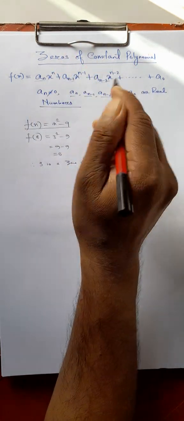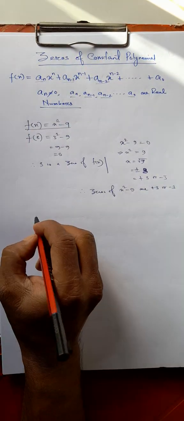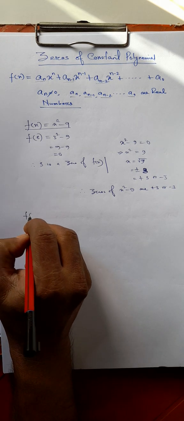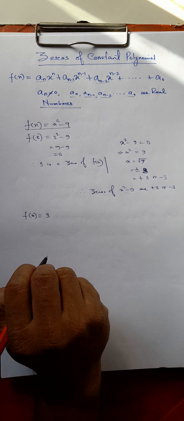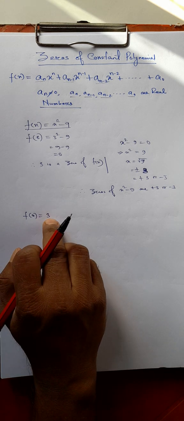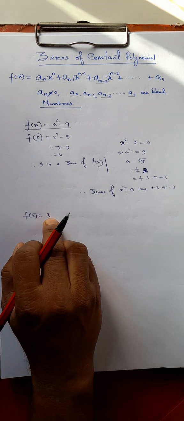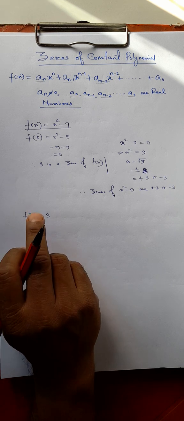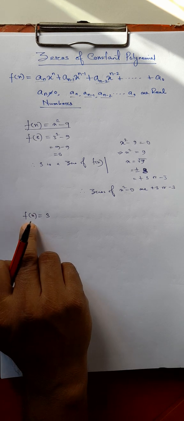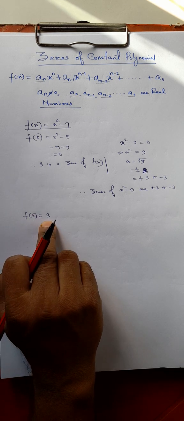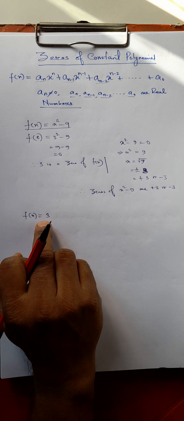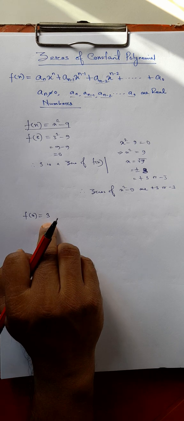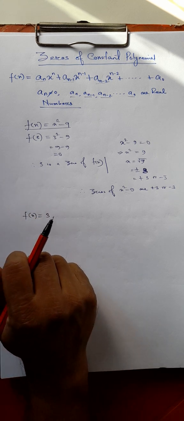In this definition, if a_0 is not equal to 0, for example f(x) = 3, it's a constant polynomial, a non-zero constant polynomial. Now you see, by virtue of the definition, a constant polynomial will never be 0, because it doesn't contain a variable part. So this polynomial will never be 0.